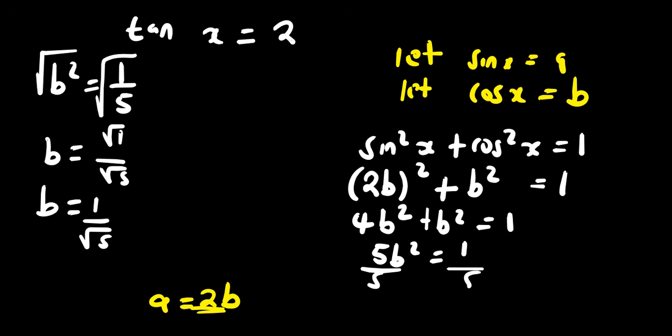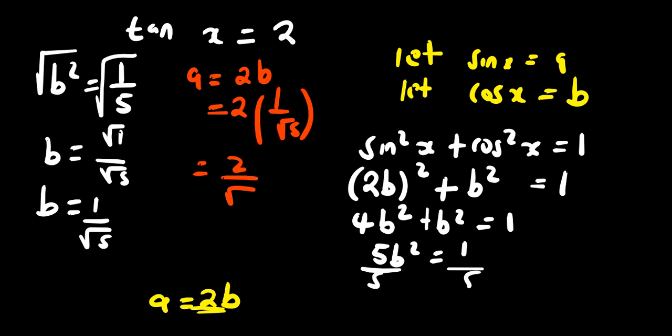Now let's find what a is. We are saying a is equal to 2b. So we're going to have 2 multiplied by b, which is 1 over the root of 5. So we're just going to have 2 over root 5 as our a.